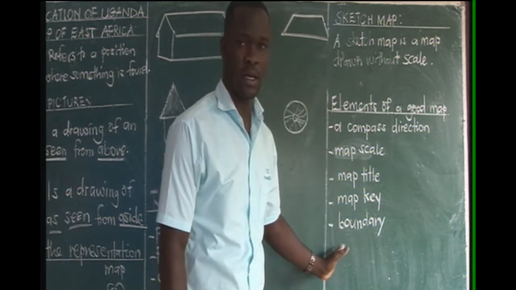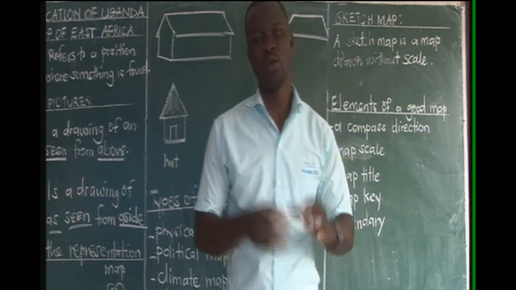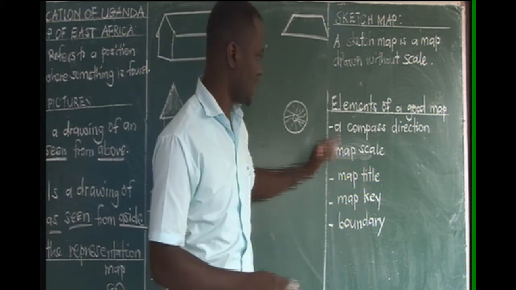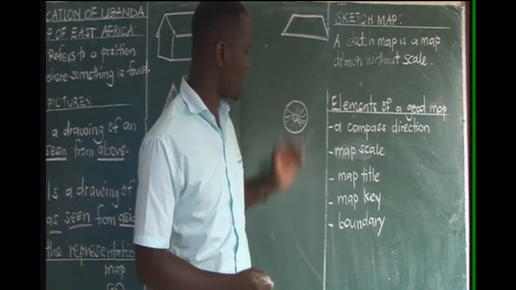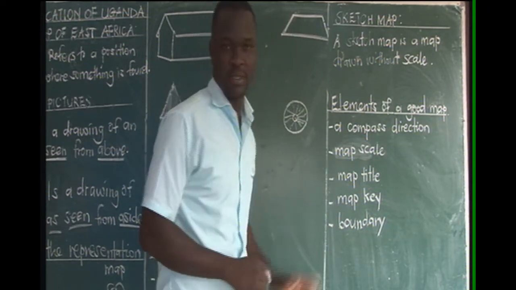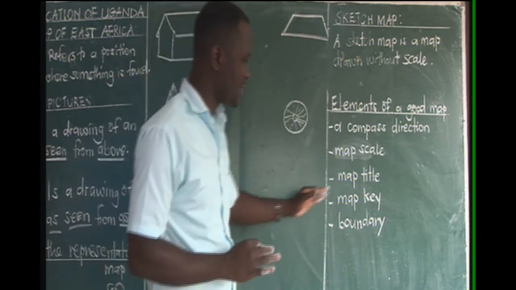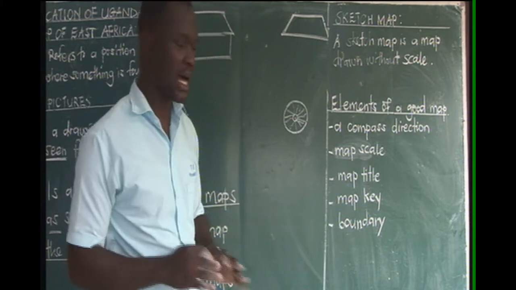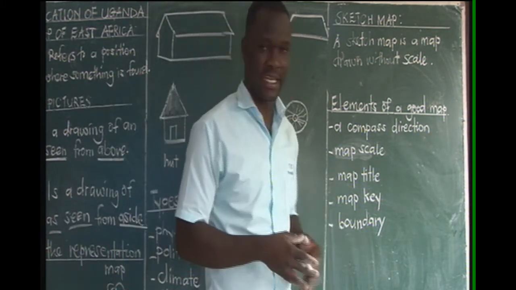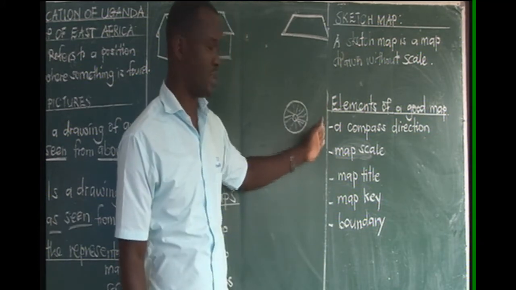Coming to qualities, that's when you can bring a sentence saying a good map should have a compass direction. A good map should have a map scale. A good map should have a map title. A good map should have a map key. A good map should have the boundary. These are the qualities. But for the elements, we simply give the list.